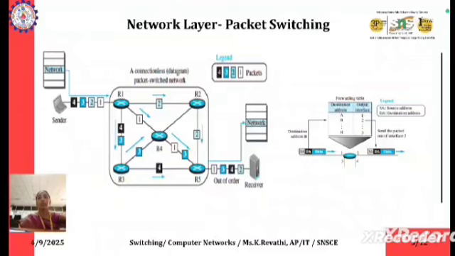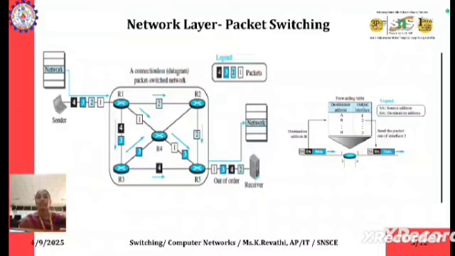Connectionless means the packets will be sent to the receiver using any one of the ways. Here packet 1 chooses route 1, packet 2 chooses route 2, packet 3 chooses router 3 and then router 4 as the intermediate, and packet 4 chooses router 5 directly.